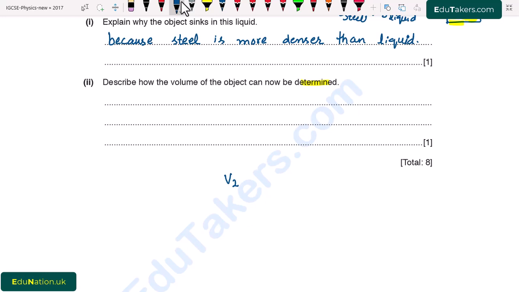It means that I write here volume of object plus liquid. But we have to find out the volume of object. That's why I subtract the volume of liquid to get the volume of object.